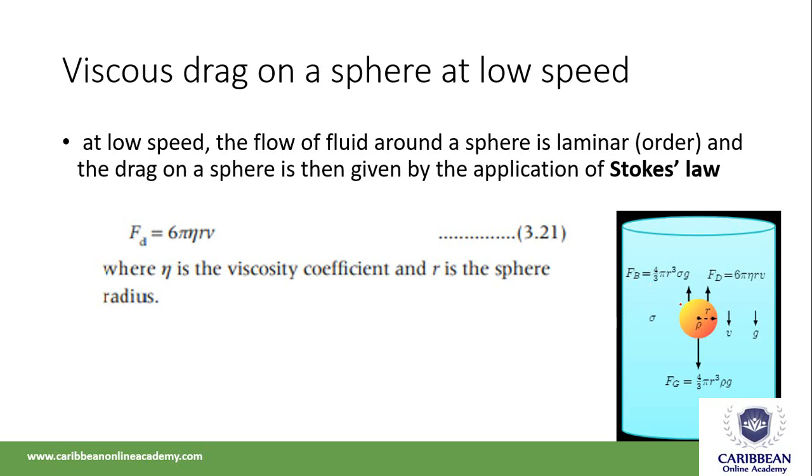Now, in order for us to do this, imagine that you have a sphere in some viscous fluid. We can say now that there are several forces acting. One of the forces acting here is the weight of the object, acting directly downwards.